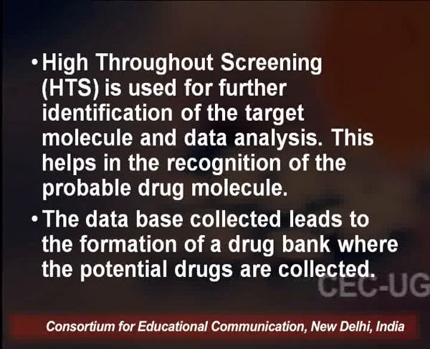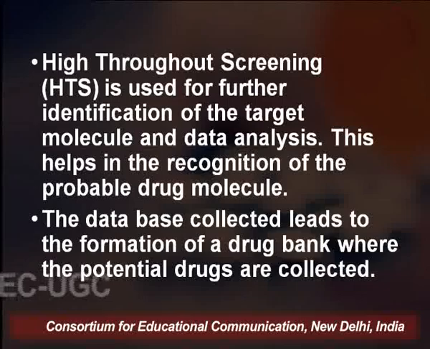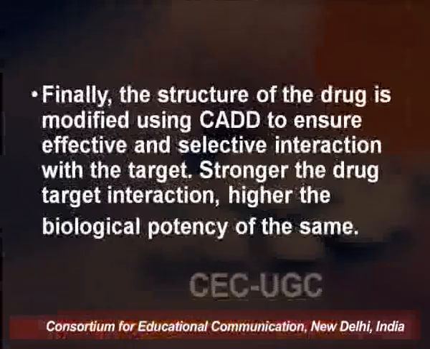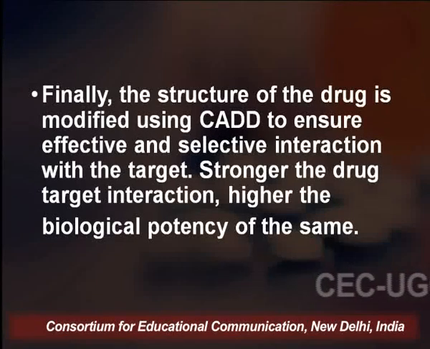The database collected from leads to the formation of a drug bank where the potential drugs are collected. This is a very new technique which is used in drug design and drug development. Finally, the structure of the drug is modified using CAD to ensure effective and selective interaction with the target.